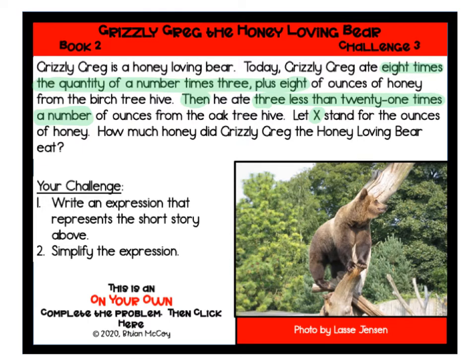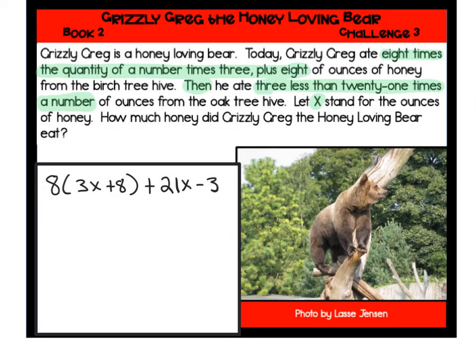I'm going to make a little room right here so I can do that. And right here we have it, my friends. If you look up here, you got 8 times the quantity of a number. So here's 8 times the quantity of a number. And then here's the number times 3. So we've got X as the number times 3, and then plus 8. So the first part is 8 times the quantity of 3 times x plus 8, or 3x plus 8. And then for the "then," I added the plus, and then it's 3 less than 21 times a number.